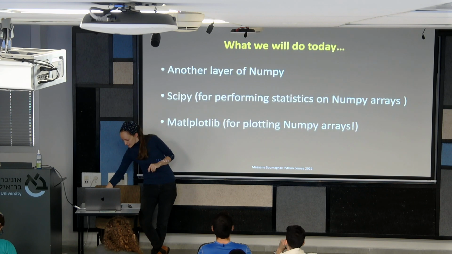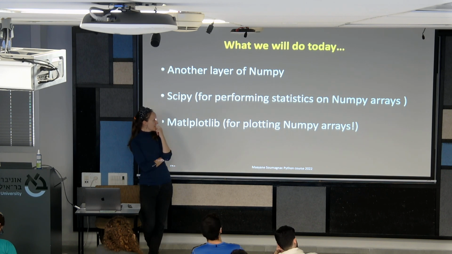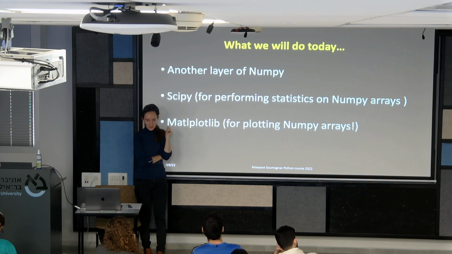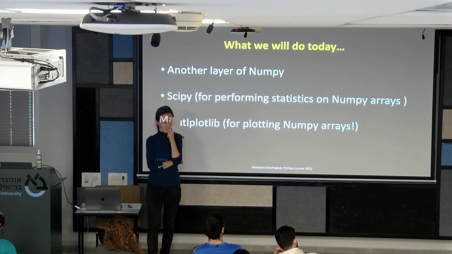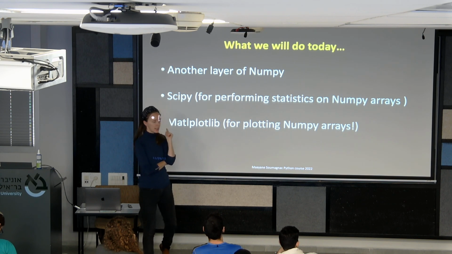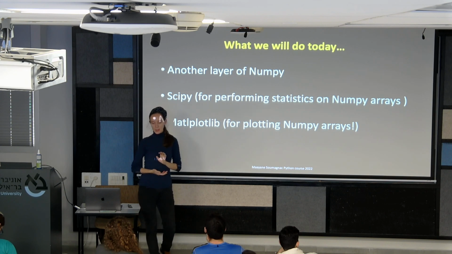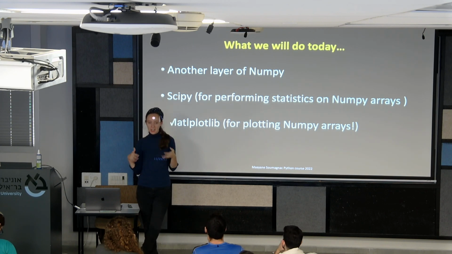So let's cover this. Okay, so today we'll do a bit more of Numpy, and I will give you two additional libraries. The first one is Scipy. Now, there is a good reason why we're doing this in this order. We saw that Numpy is actually adding an array language to Python.